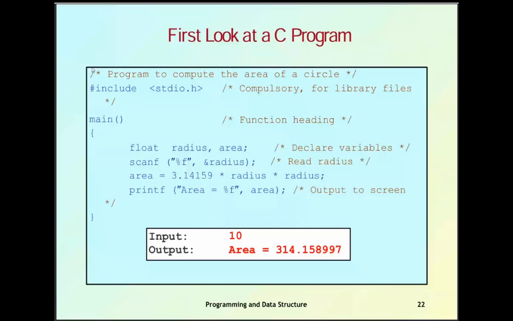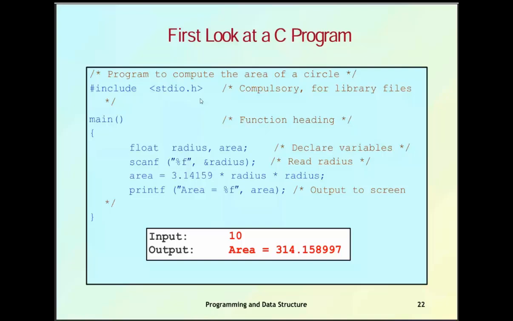Now let us move to the second line. Here we have hash symbol, include, and then in brackets stdio.h. This stdio.h stands for standard input output.h. Let us discuss what we have over here.